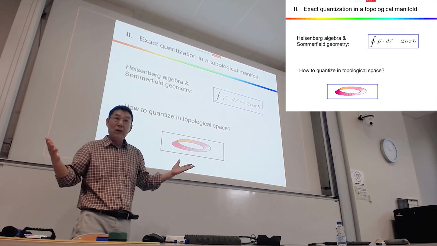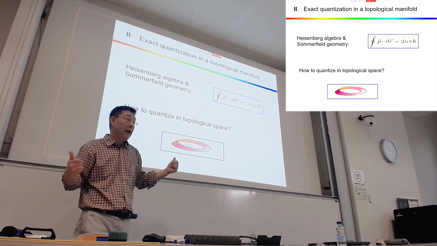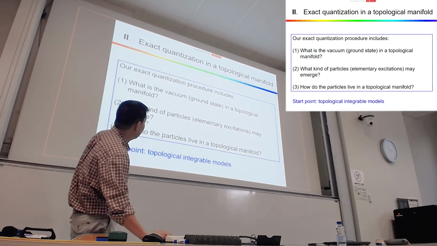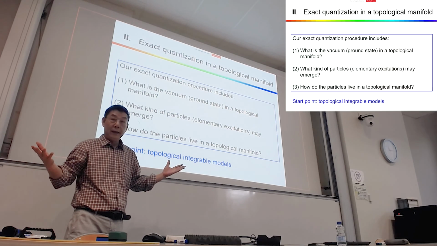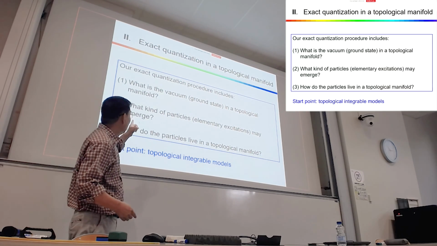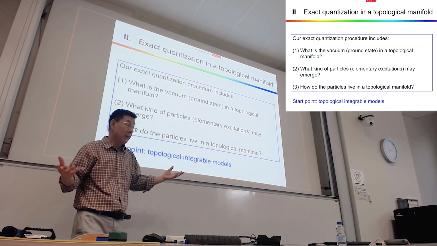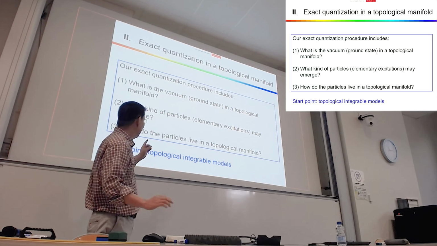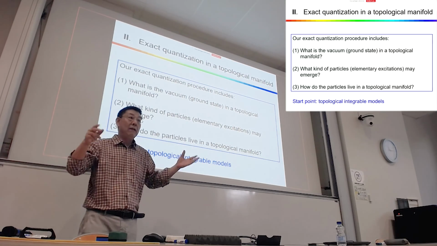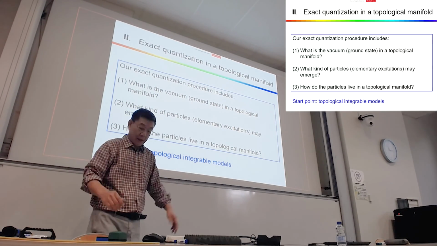So we have no idea about a fermion in this space. So what's the vacuum or the ground state in such a system? And what kind of particles can exist in such a system? And so finally, how do the particles live in such a manifold? That means the dispersion relation.